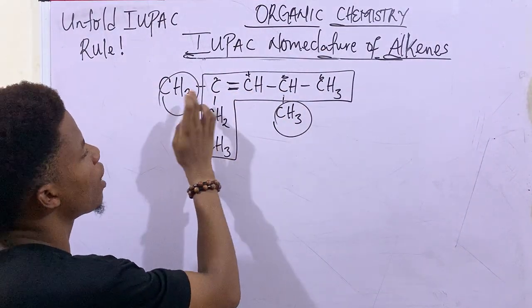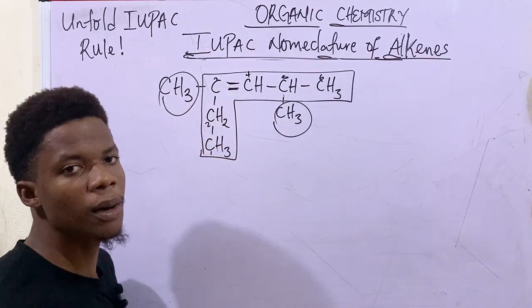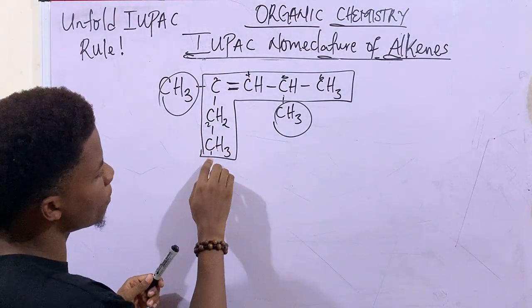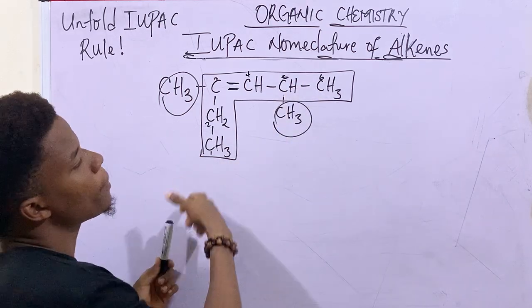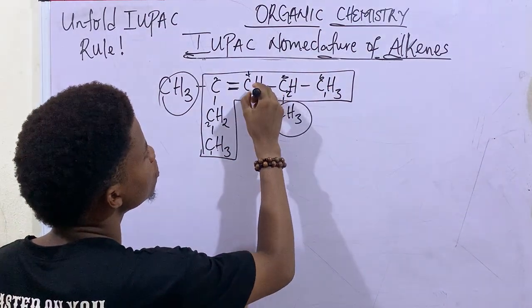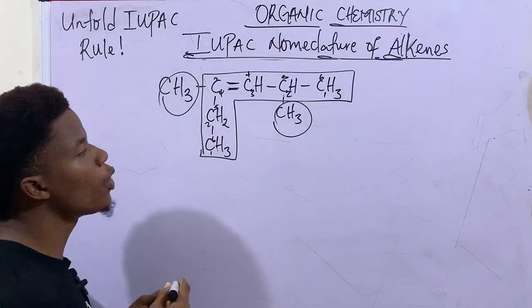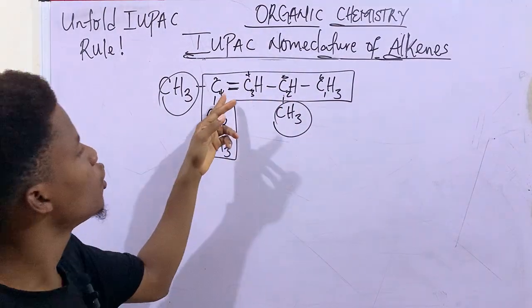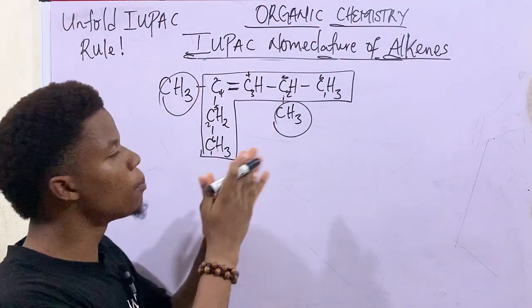From this side, 1, 2, 3 plus this one, you have 4 carbons. So it's symmetrical. If you number 1 to 6, and you decide to number backward, 1 to 6, what you will observe is that in both directions of numbering, your double bond is on carbon 3 and 4.